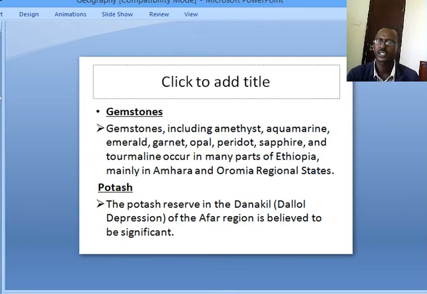Gemstones including amethyst, aquamarine, emerald, garnet, opal, beryl, sapphire, and tourmaline occur in many parts of Ethiopia, mainly in Amhara and Oromia regional states. Potash. The potash presence in the Danakil or Dallol depression of the Afar region is believed to be significant. There is a huge deposit of potash in this area.